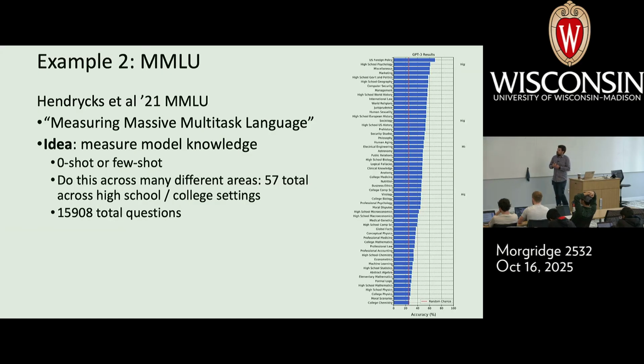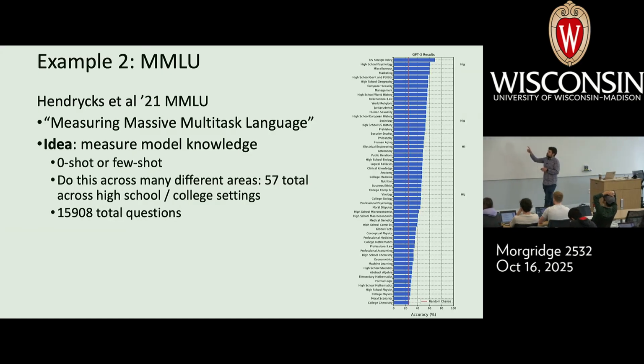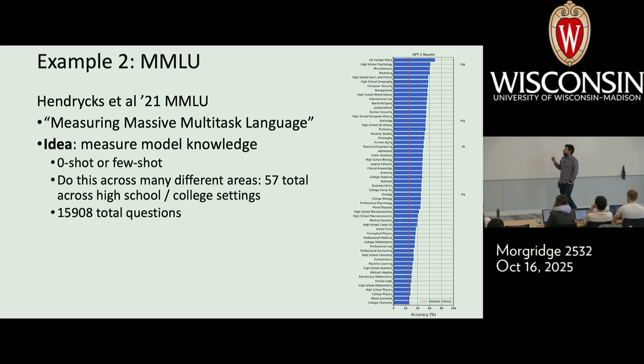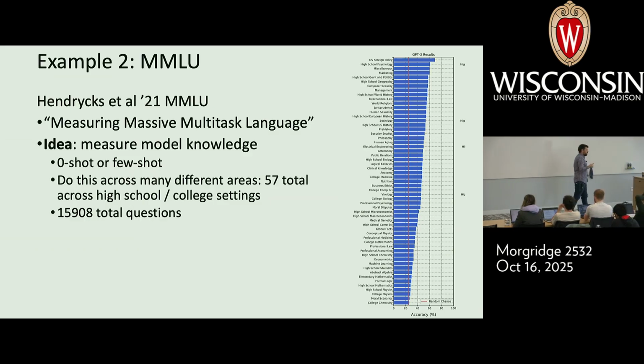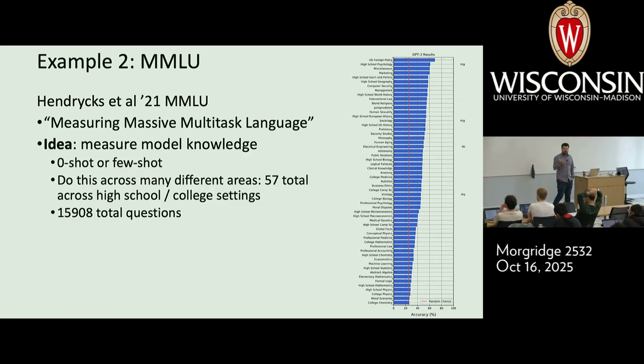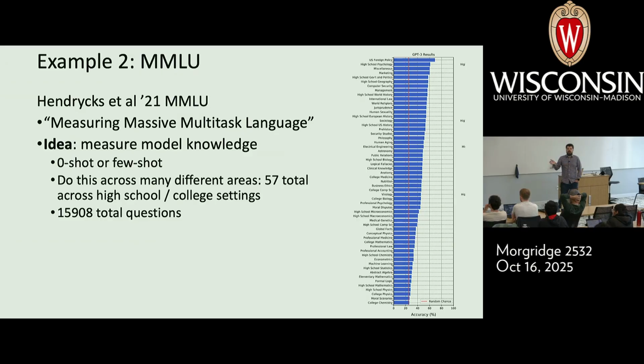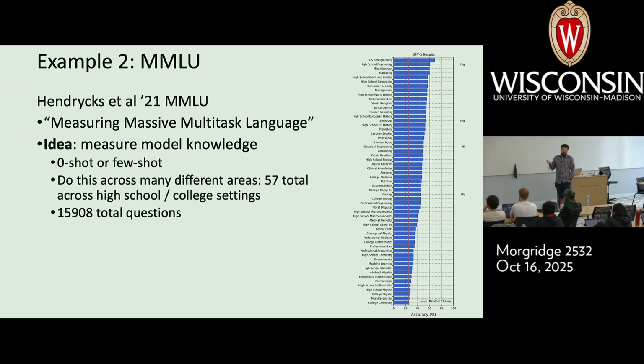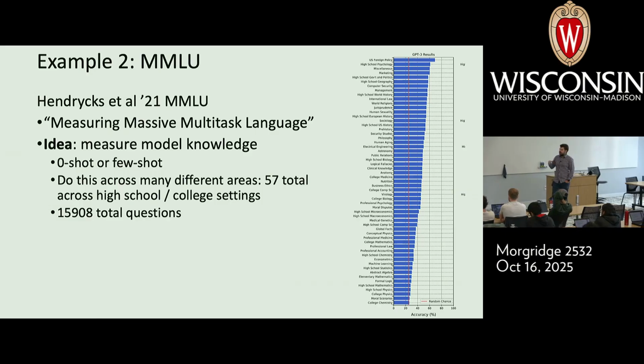Let me show you what those areas look like. Everything you're seeing on the left over here is telling you different categories that this big data set contains questions from. So US foreign policy, history, sociology, business, college math, et cetera. Think of one of these like GRE subject tests or what have you, with lots and lots of different categories. And we're really asking, hey, how good is my model at knowing stuff from all of these different areas?